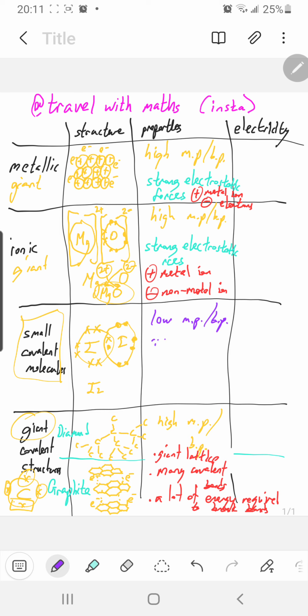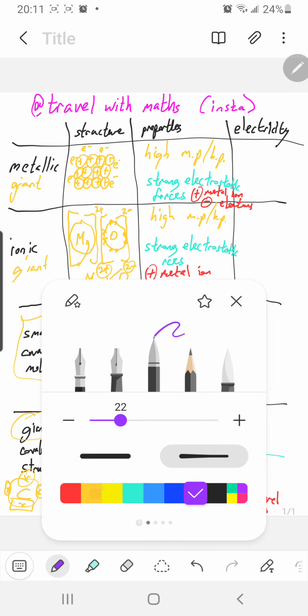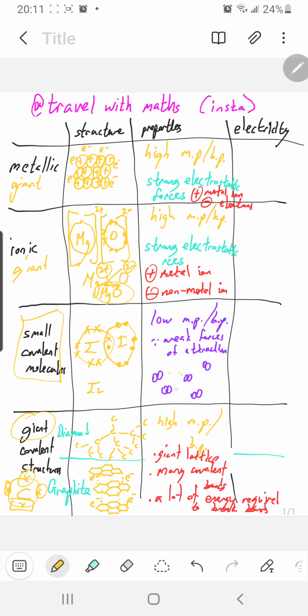Because of weak forces of attraction between the molecules. So you have chlorine molecules, and the weak forces are between them. That is the one that gets overcome. So it's easy to overcome weak forces of attraction.